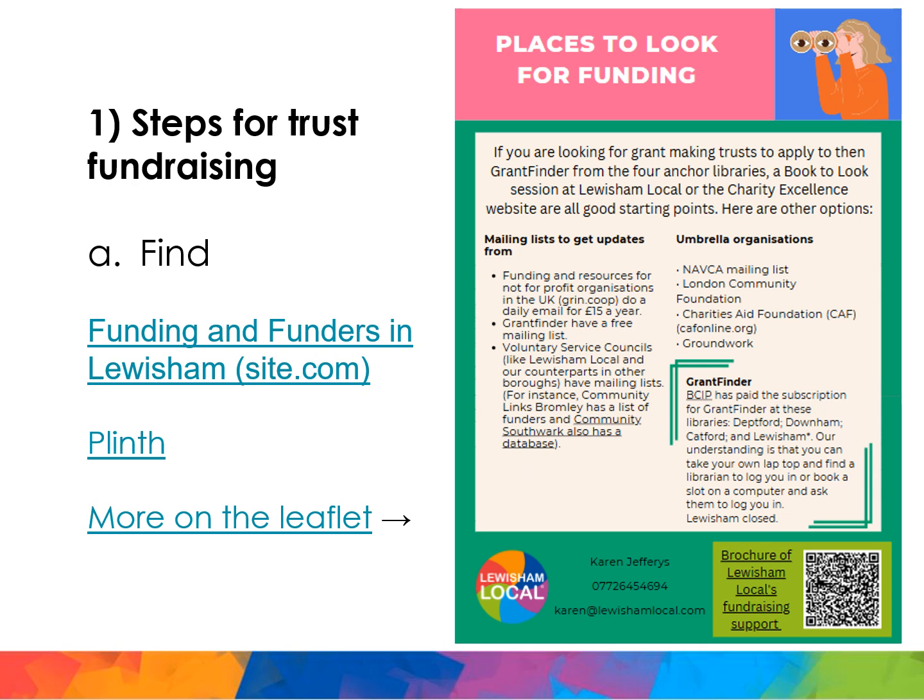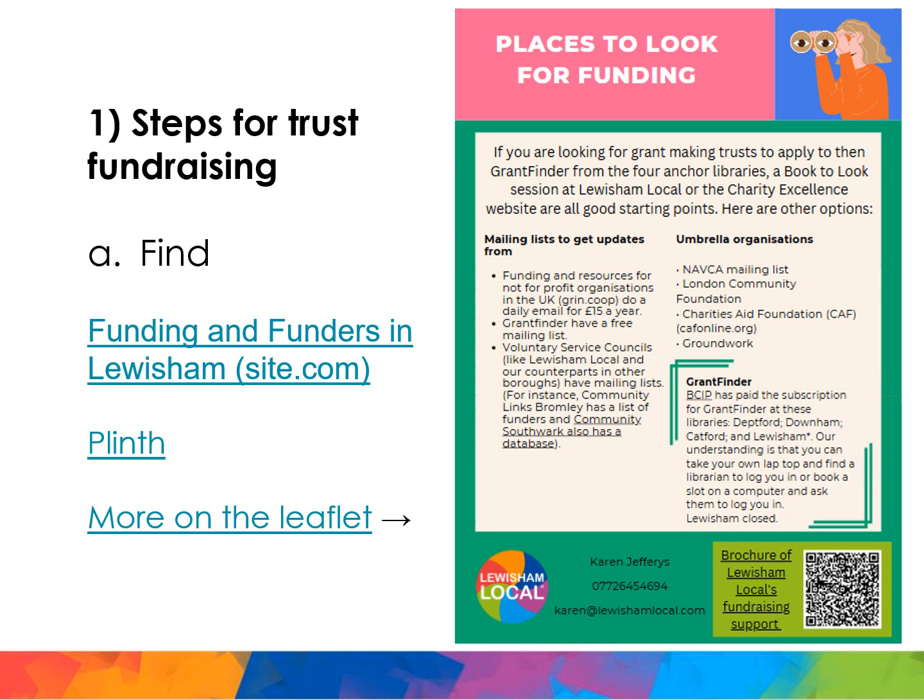So, for example, Awards for All and Reaching Communities are the funds, the pots that you can apply for, that is overseen and run by the National Lottery Community Foundation. That's just one example of the difference between the funding and the funders. The funder is the lottery, and the funding is the sub pots of money that they've got.